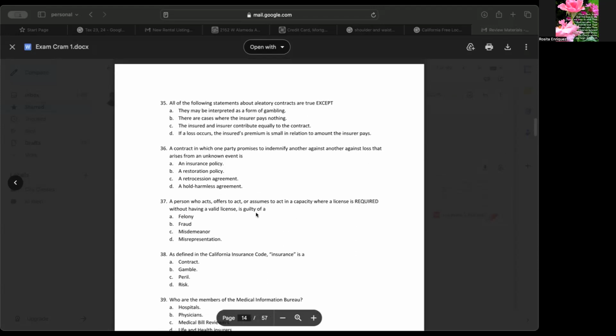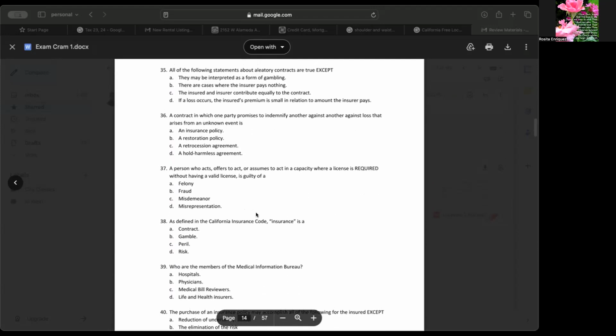Number 35. All of the following statements about aleatory contracts are true, except C. Except the insured and insurer contribute equally to the contract. Number 36. A contract in which one party promises to indemnify another against loss that arises from an unknown event is, that's right, an insurance policy.